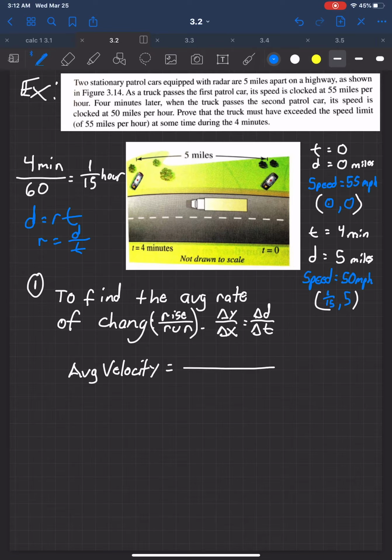So, ready? Let's go ahead and do our rise over run formula. First the change in distance, so that's 5 minus 0, divided by the change in time. Remember, we're using hours, so 1/15 minus 0. So that's just 5 over 1/15.